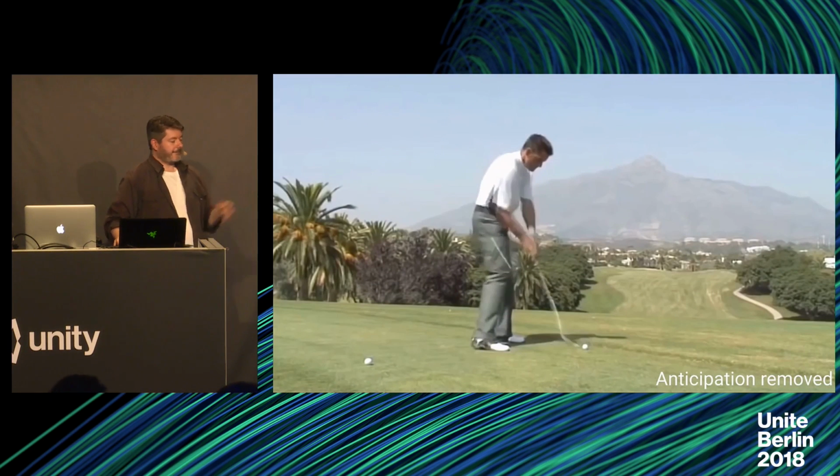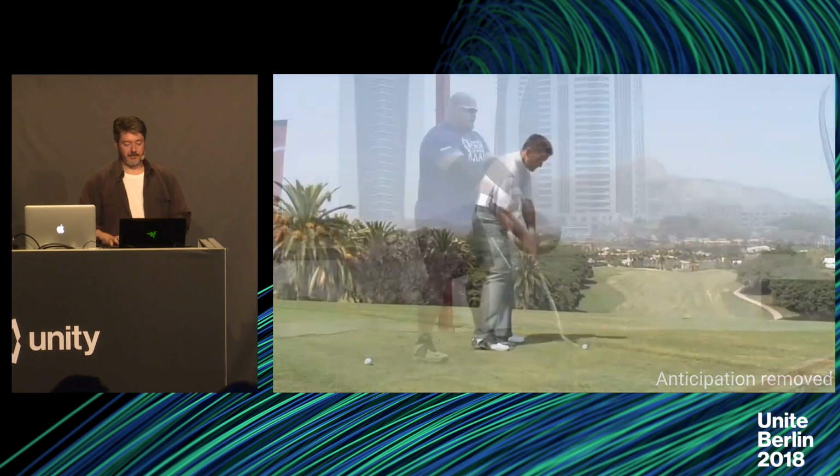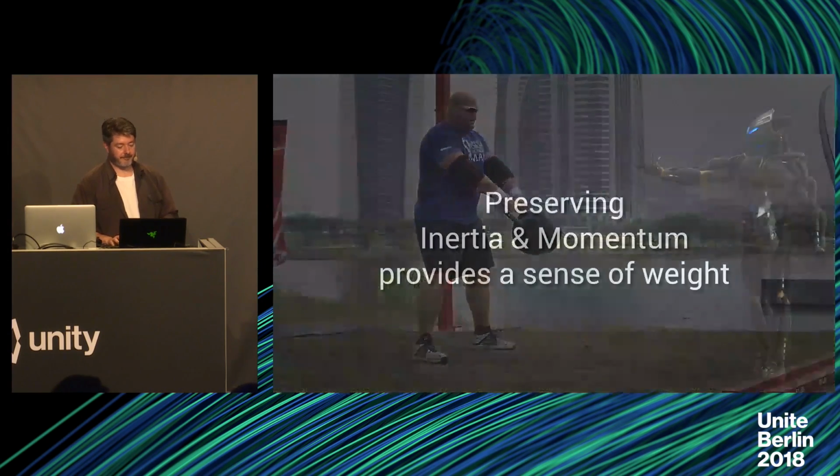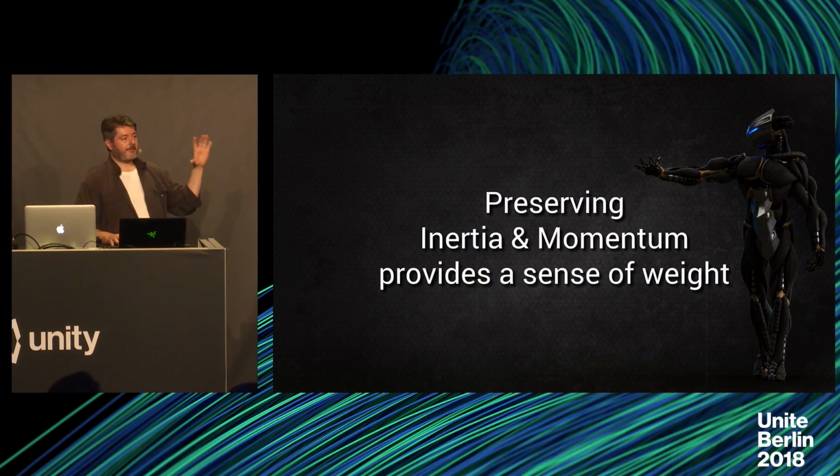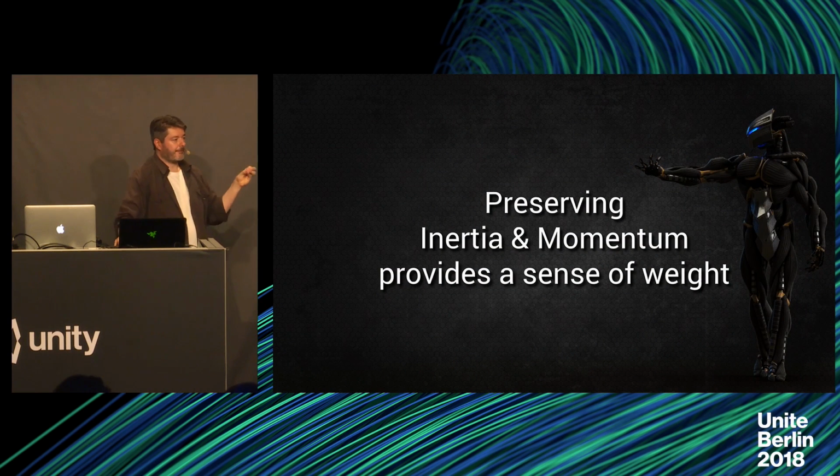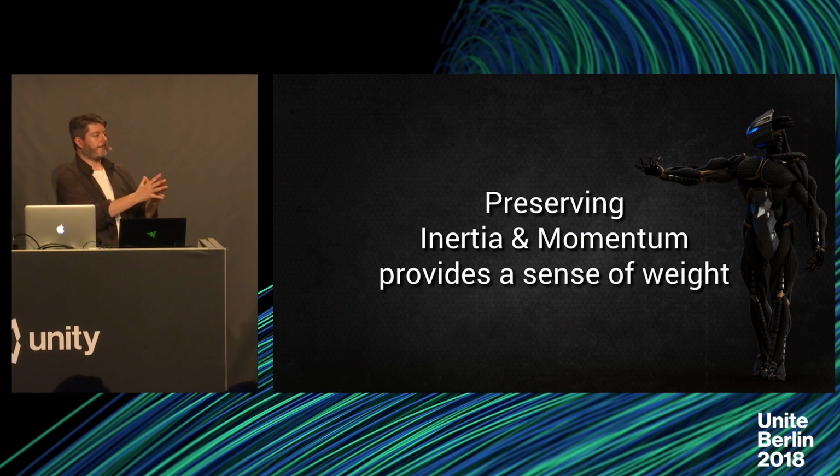And in that video, I removed the anticipation, and it looks really awkward. Skip over the videos. So anticipation is very, very important for a movement to look believable and realistic. It's mostly a term that is coined by animators.